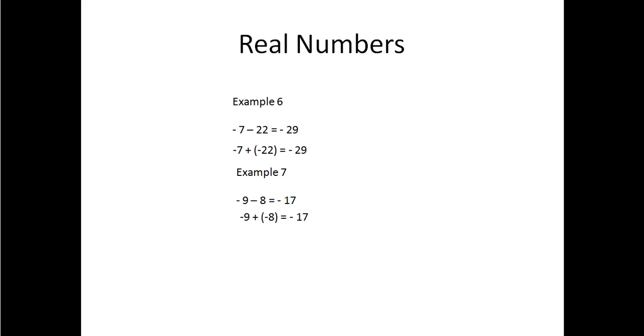Here are more examples. Minus 7 minus 22 is equal to minus 29. I have come across teachers who teach this way. Whenever you have a negative number minus a number like this, you add. 22 plus 7 is equal to 29, and then put a minus sign in front of the answer.